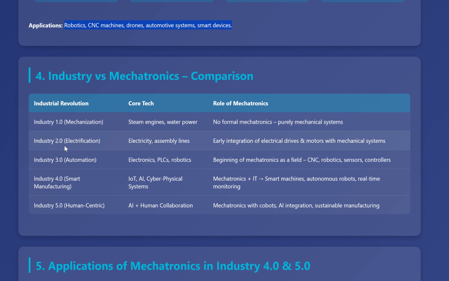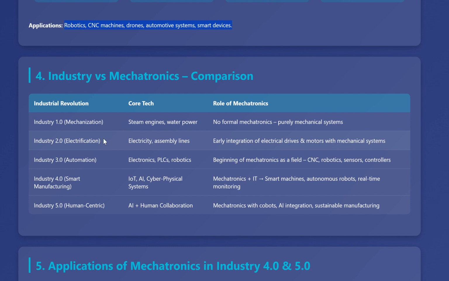Then we have Industry 2.0, where after mechanization, we brought in the aspect of electrification, where the core technology is now electricity, and then some assembly lines or division of labor. In terms of mechatronics, the role is that there was some early integration of electrical drives and motors with mechanical systems.